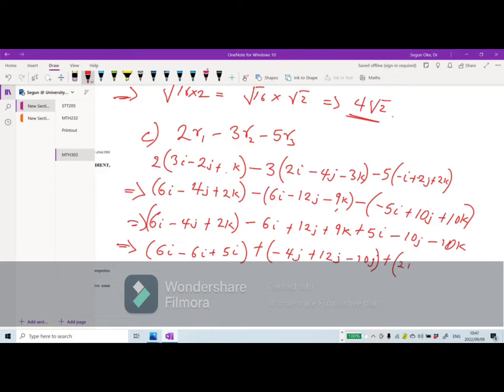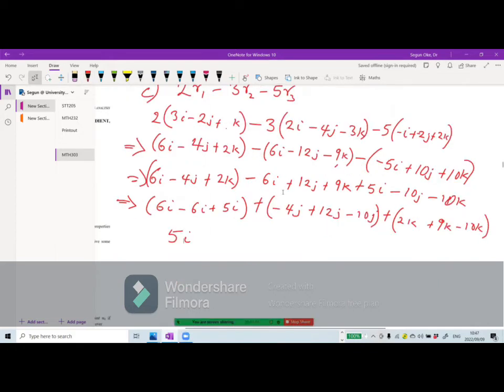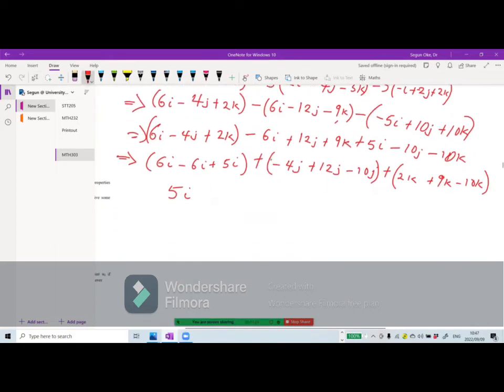So 2k plus 9k minus 10k. When you add this together, you have 5i, then minus 4 plus 12 minus 10, this is minus 2, right?